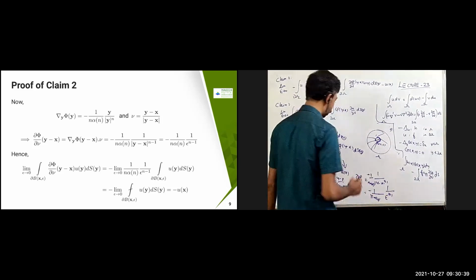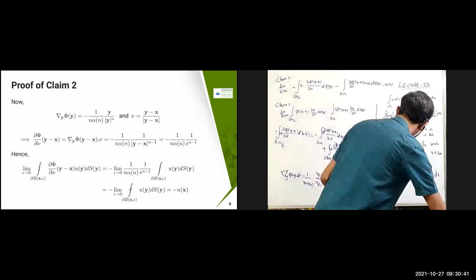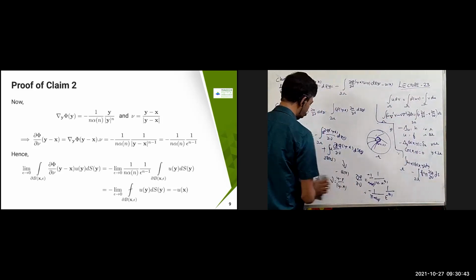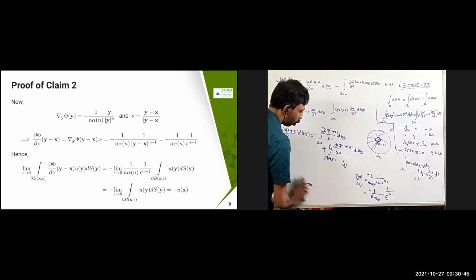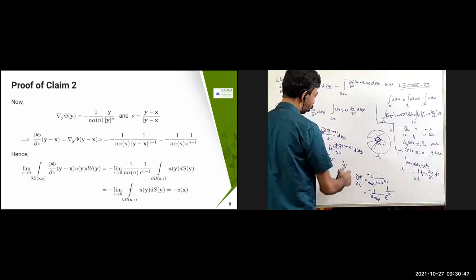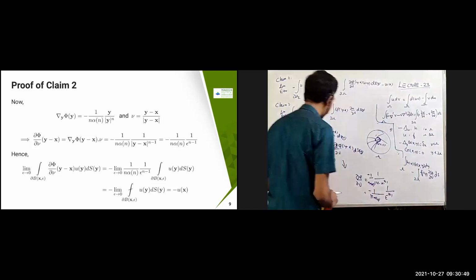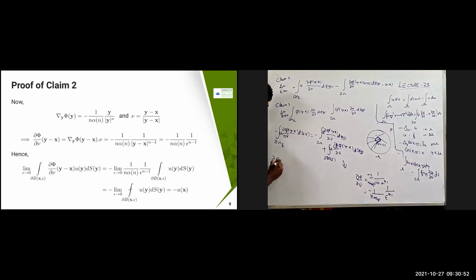So just remember this one. What I have proved is that dou pi by dou nu of y minus x is going to be minus 1 by n alpha of n epsilon power n minus 1.